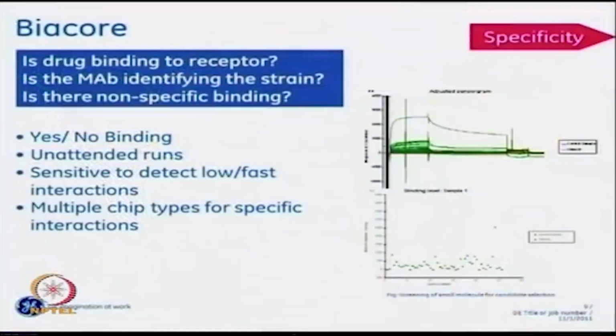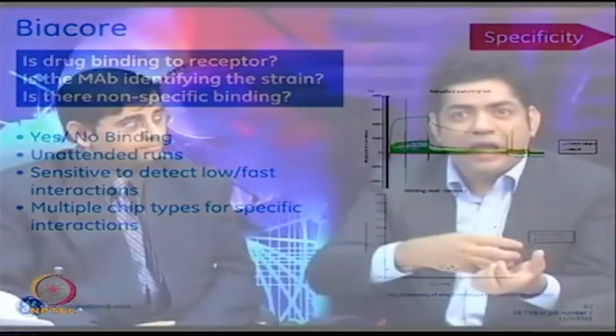Shown here in my PPT is actually an example where we're looking for binding. And here, someone came to us with about 40 different compounds, and they want to see if any of these compounds binds to a receptor. And here we have 40 of these experiments done. Most of these are not binding or binding at a very base level.